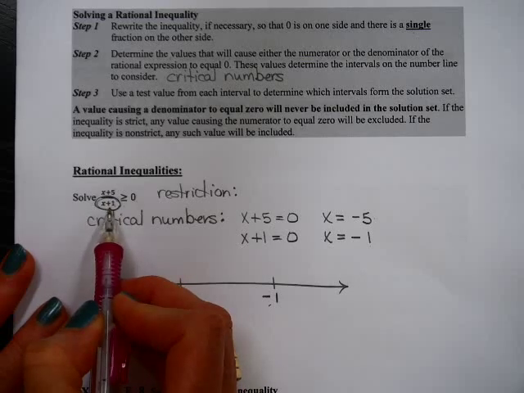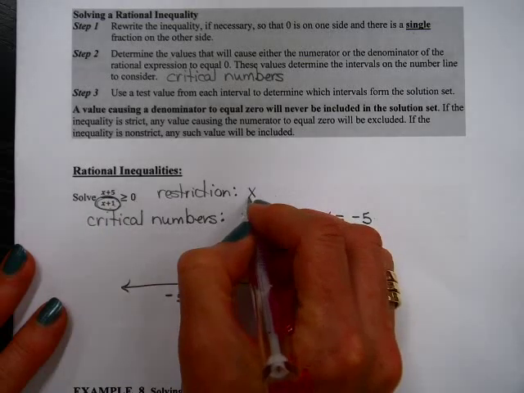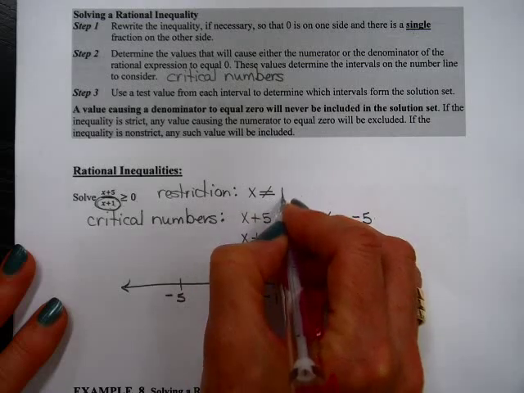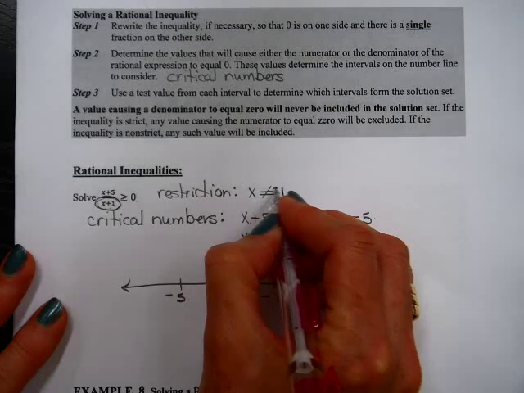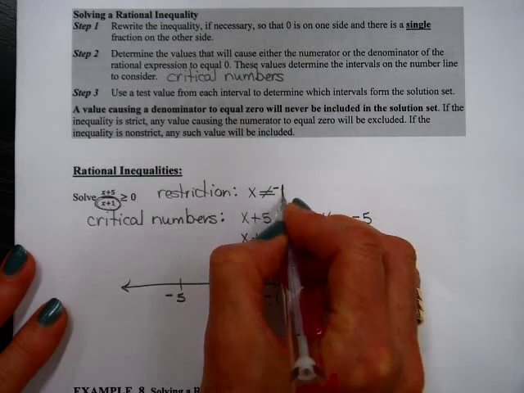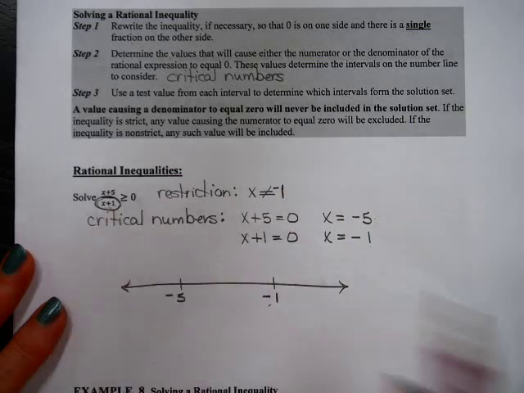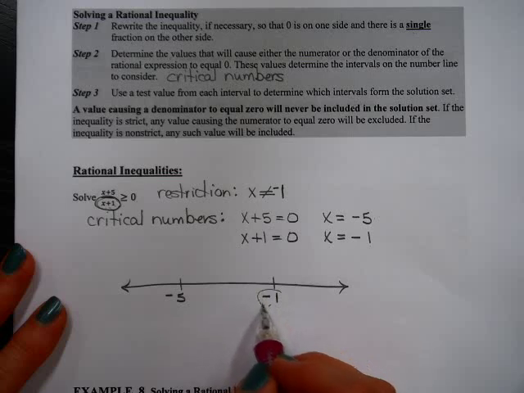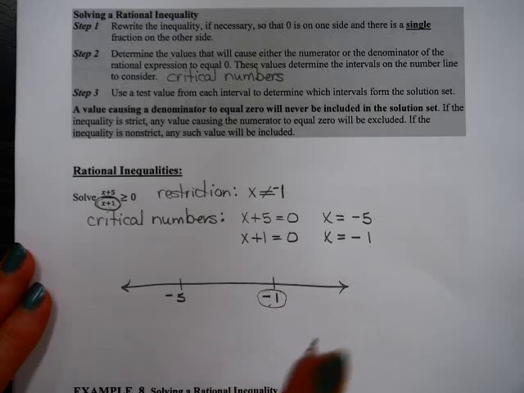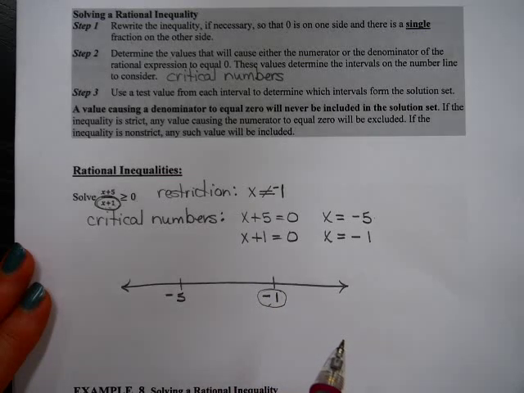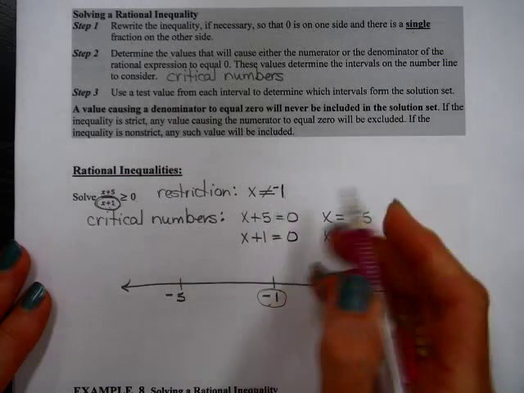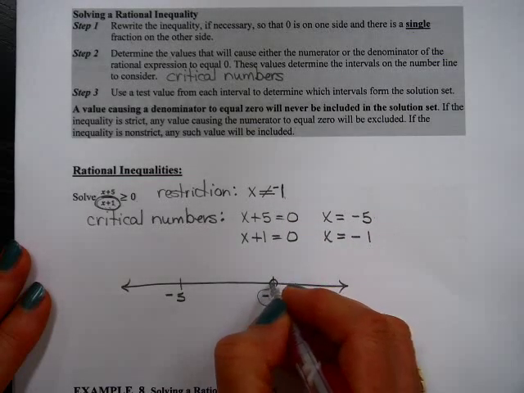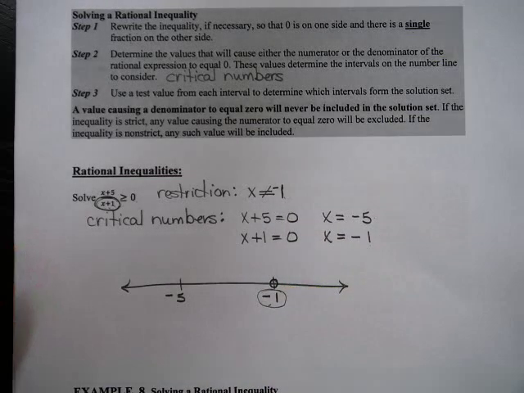The restriction for this problem is that x cannot be equal to negative 1, because negative 1 will make this denominator equal to 0. So this negative 1 right here will never be included in our solution set because it is a restriction. You may want to put an open circle on that just to remind you.